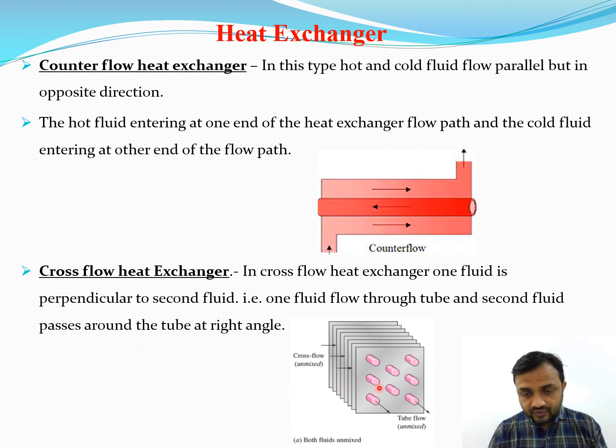These are the tubes. One fluid, that is your hot fluid, flows inside the tubes, and the cold fluid flows around the tubes. These are your types of heat exchanger: parallel flow, counter flow, and cross flow heat exchanger.